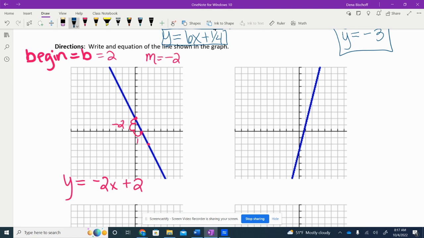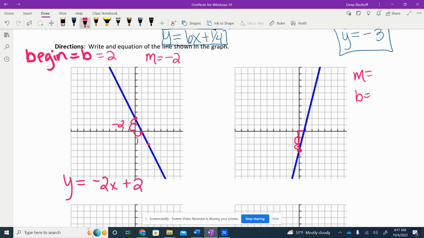All right, let's look at the next one. Crossing the y-axis right here. That doesn't show up very well. I'm crossing the y-axis, and I'm going to draw a triangle for my slope so you can see that. So what's my slope and what's my y-intercept? Slope is 4.